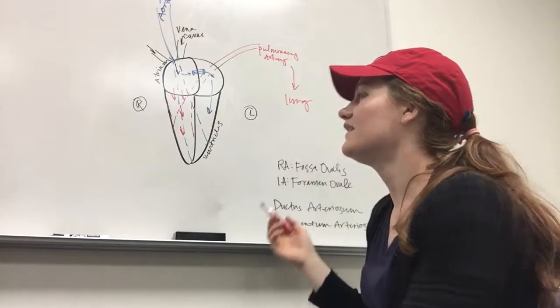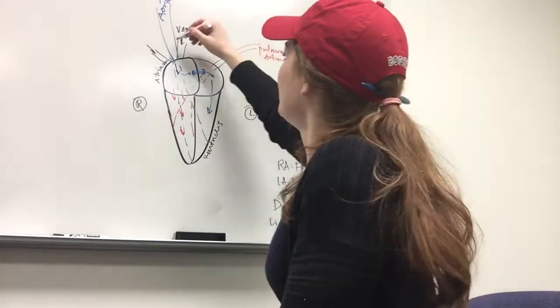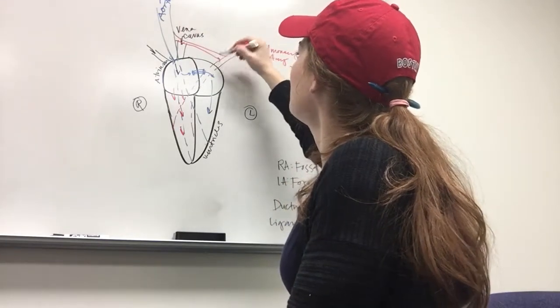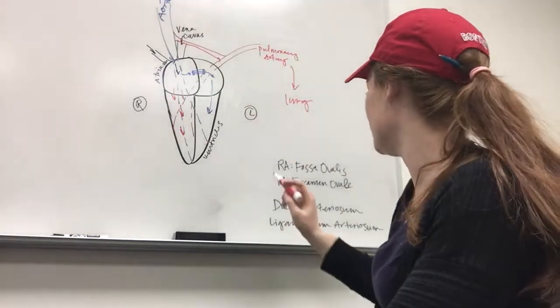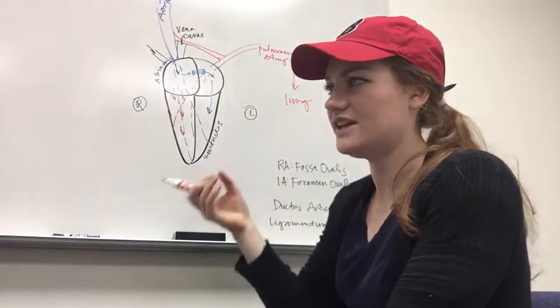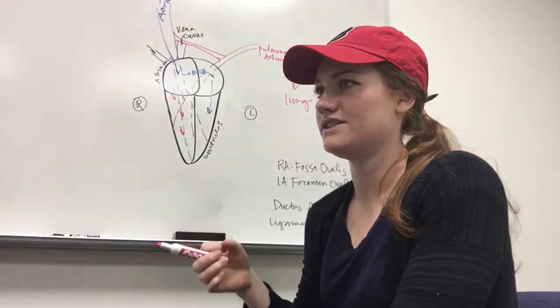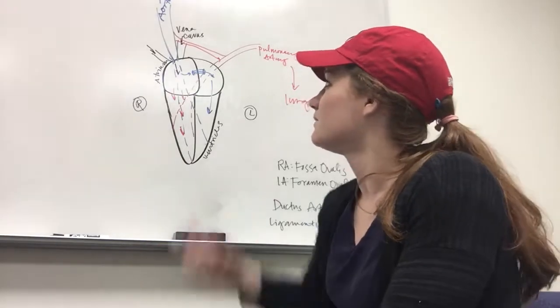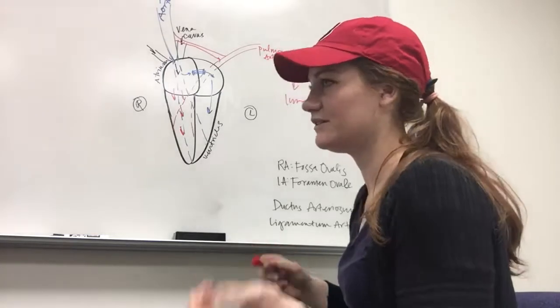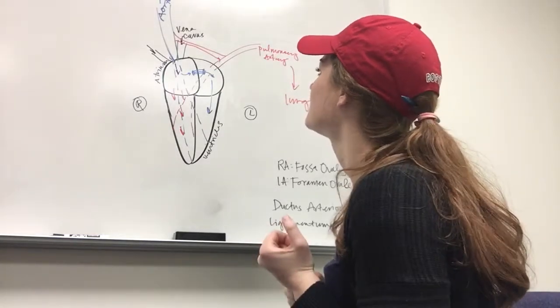So the body has another adaptation for if this happens, and if you remember, you have what's called the ligamentum arteriosum in the adult animal, and it's just literally a closed up ligament. So you can see it really well on the cow or the horse.